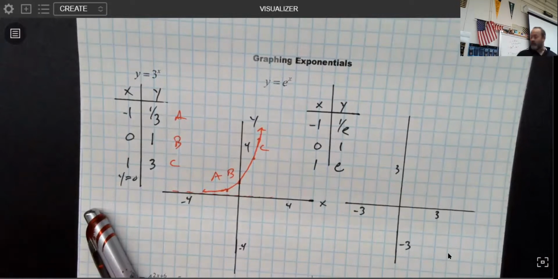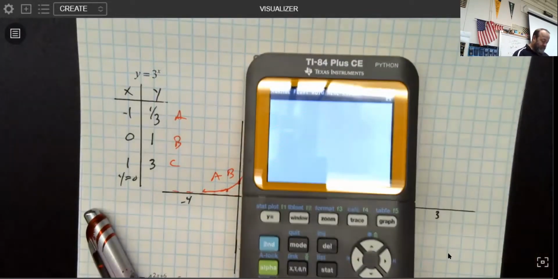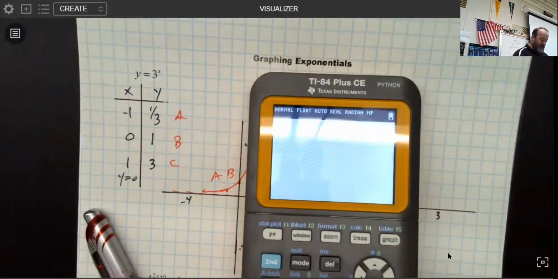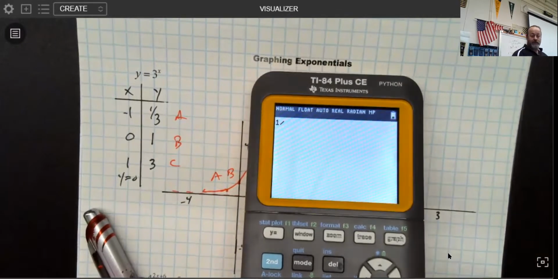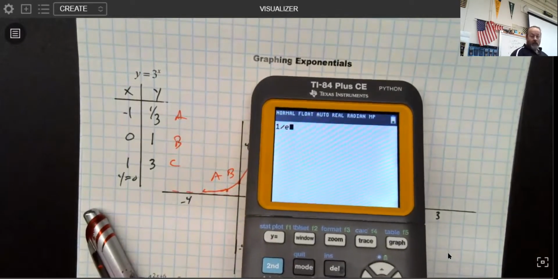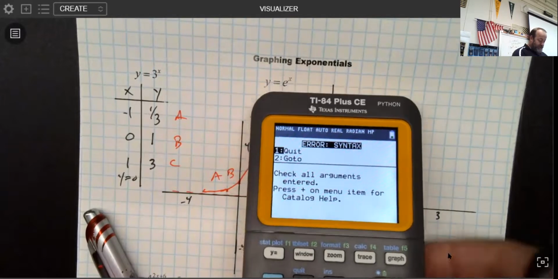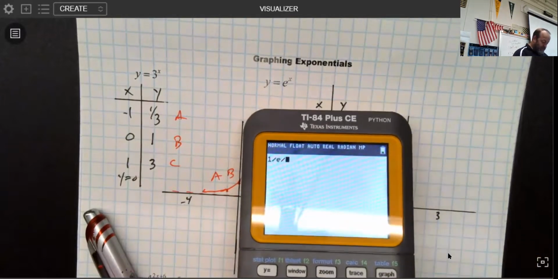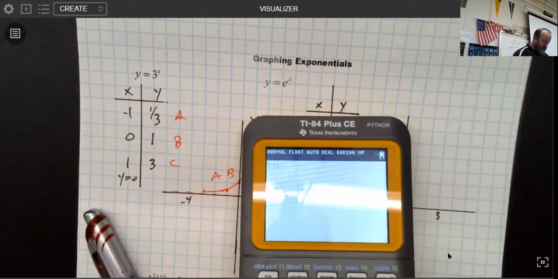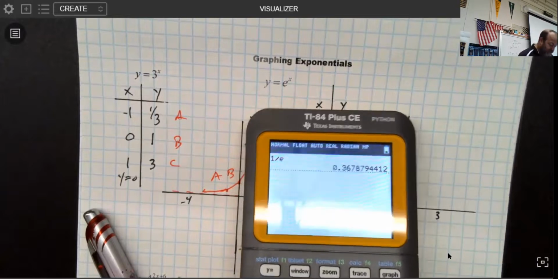Well, if you plug that into a calculator, e is right above the divide sign right here, you end up with 1 divided by e is 0.37-ish, okay?